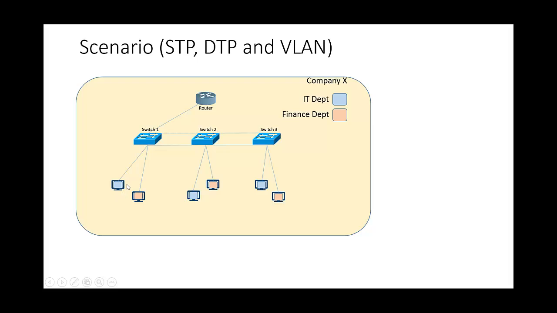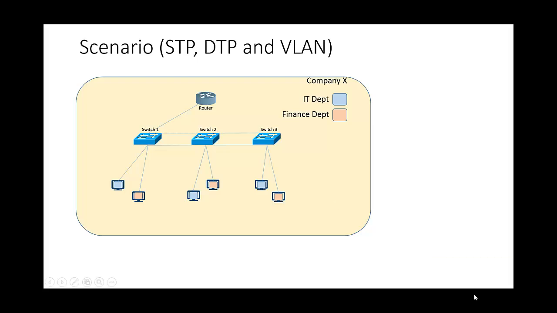Geographically within the office it doesn't make any difference, but for the purpose of this video, they're color coded just to separate them. So what we need to do is isolate the IT department from the finance department, essentially, and we're going to use VLANs to do it.